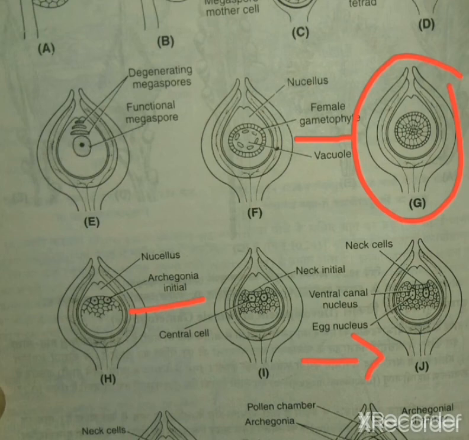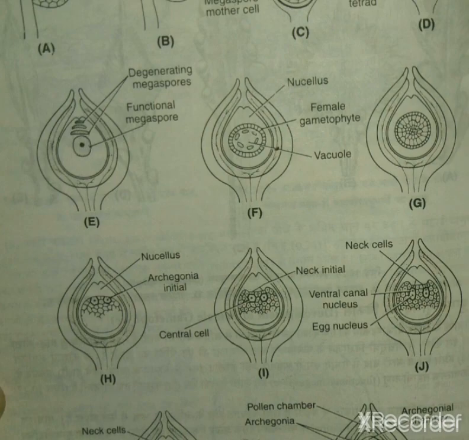A developed ovule is formed where the archegonia are present, and inside the archegonia the egg is present. Endosperm is present before the fertilization process. As you know, the nucellus gives nutrition to the developing ovule, the integument provides protection to the developing ovule, and the archegonia contain the egg cell.